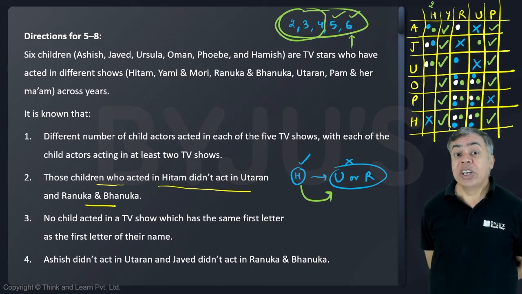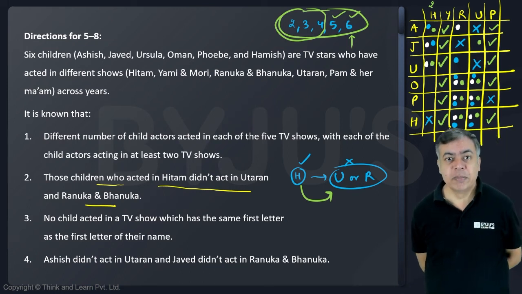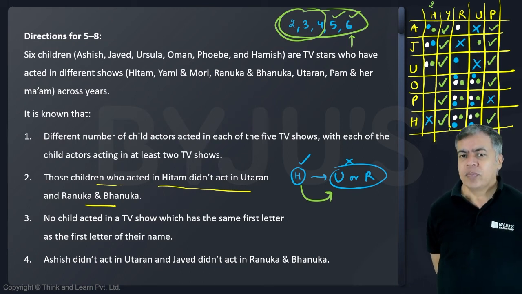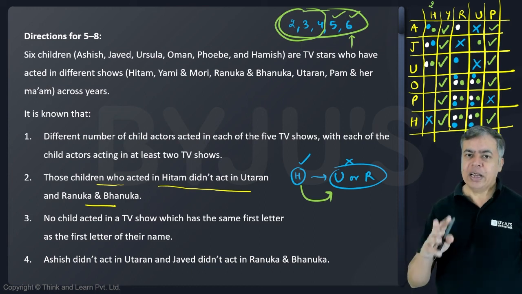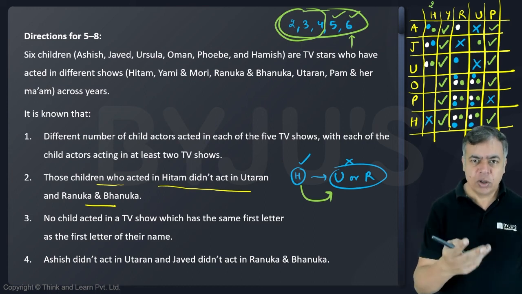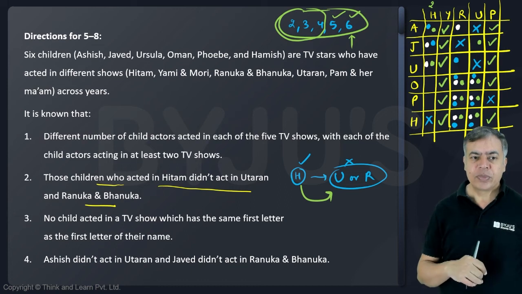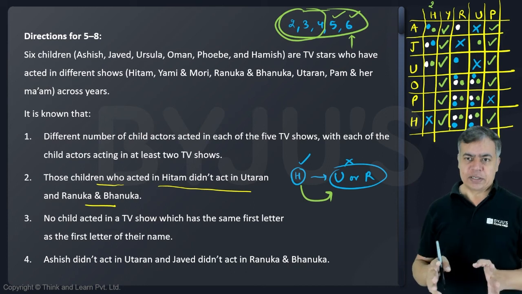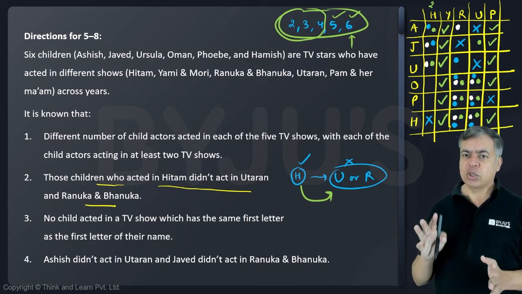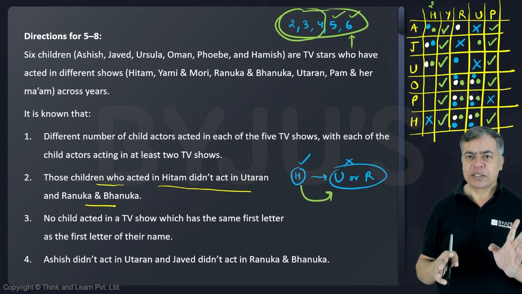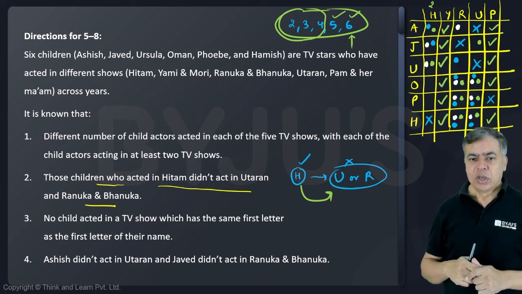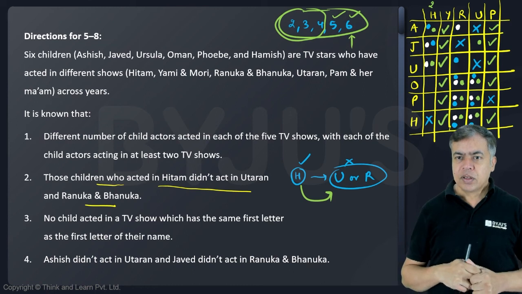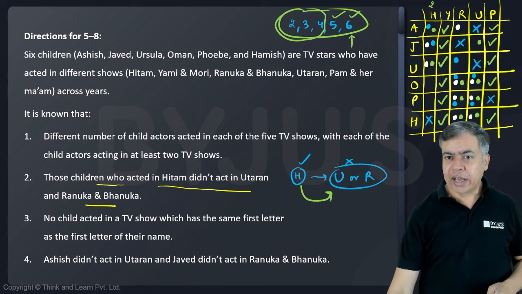So these are the three possibilities of H2, R or U, 3 or 4. R and U will have 3 or 4 actors. But P is fixed, Y is fixed. Show P is fixed, show Y is fixed. So these are the cases, nothing else.